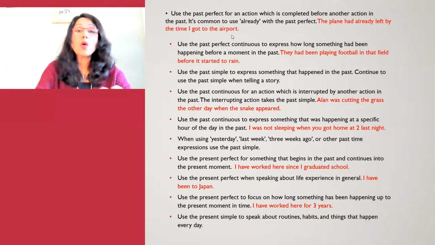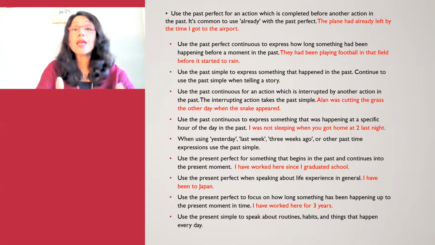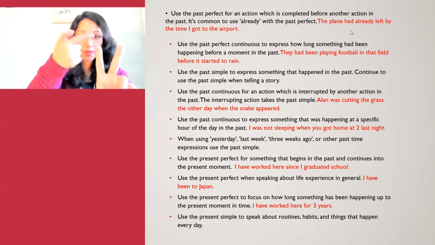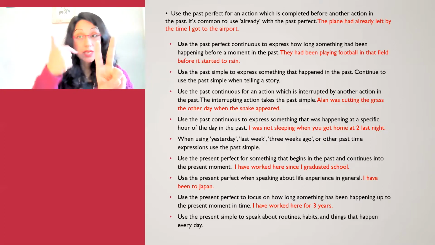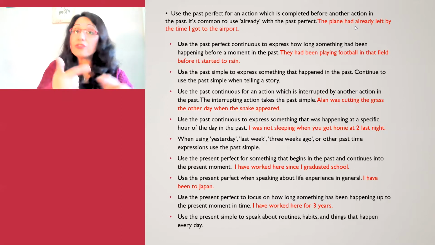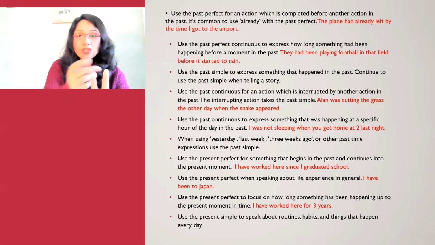Both these things are about the past. One is I got to the airport and the other one is the plane left. Did the plane leave before I reached the airport? Yes, it did. So this action happened before.